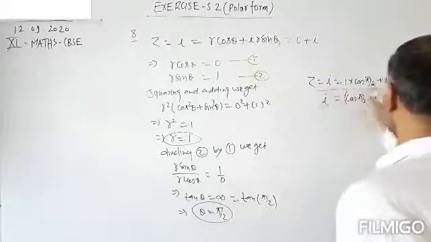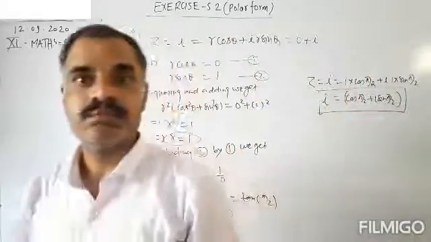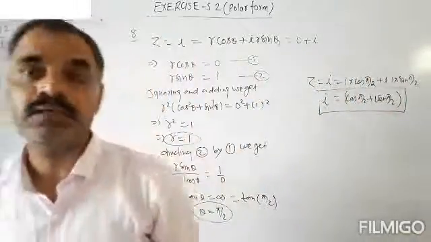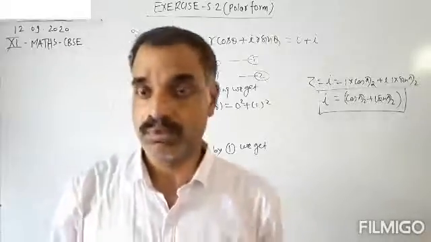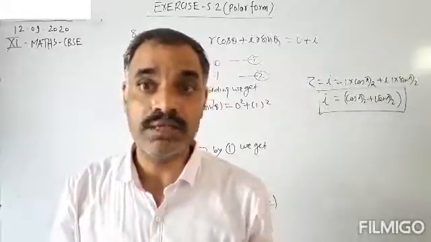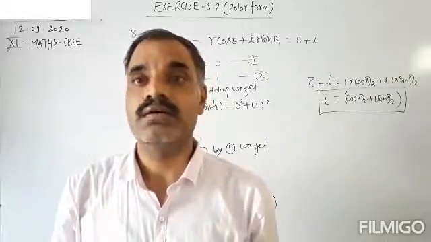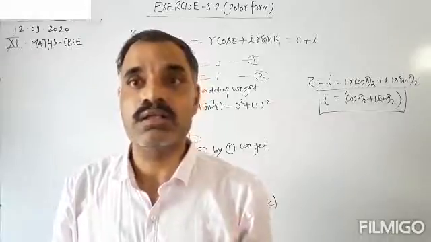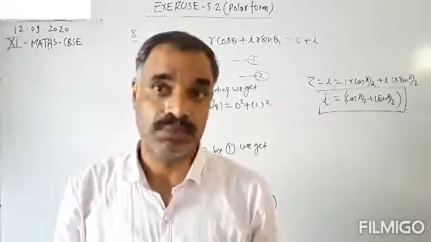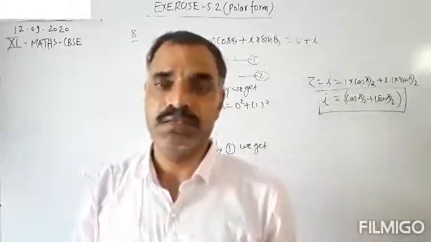This is the polar form of the complex number iota. In this way we can find the polar form. Here we have done two types of questions: find out the magnitude and amplitude of the given complex number, and convert the given complex number into polar form. Both the questions are approximately the same.